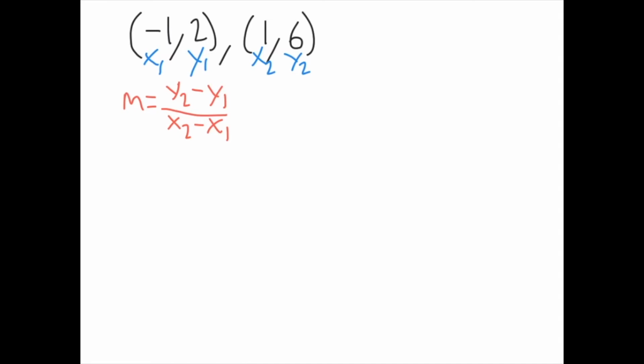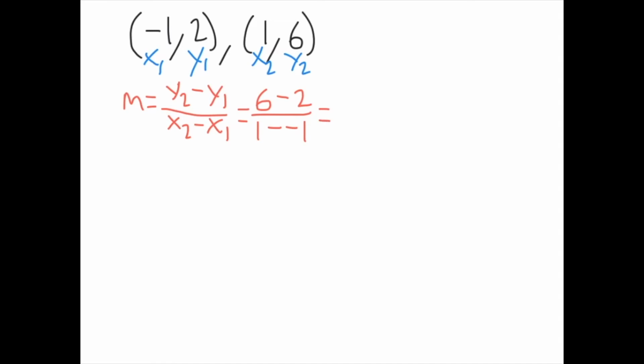So now we plug everything in. So this will give us y2 was 6, y1 was 2, so 6 minus 2. x2 was 1, and then minus x1, which was -1.